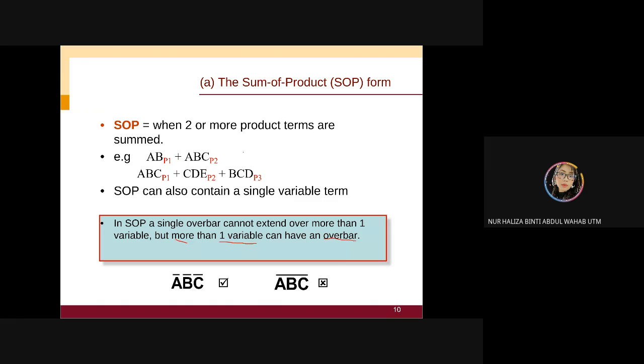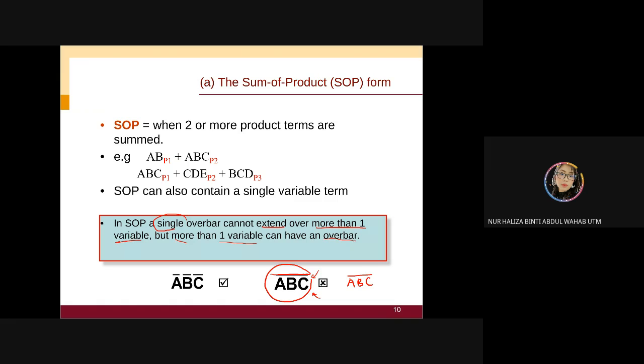So in the SOP, when you have this term A, B, C, a single overbar cannot extend over more than one variable. You cannot just leave it like this as your final answer.